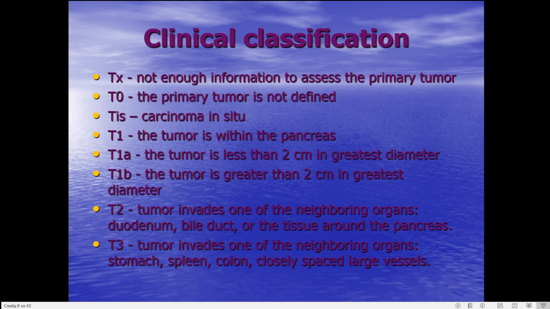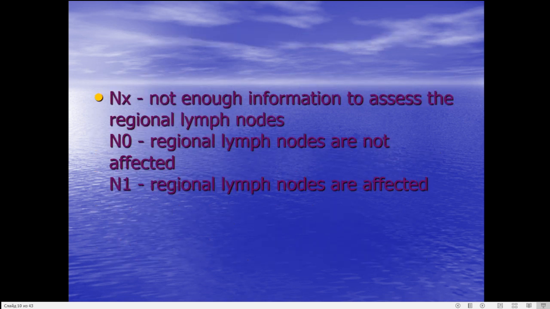Closely spaced large vessels. We put T3 in TNM classification. NX, lymph nodes metastasis. NX, not enough information to assess the regional lymph nodes.